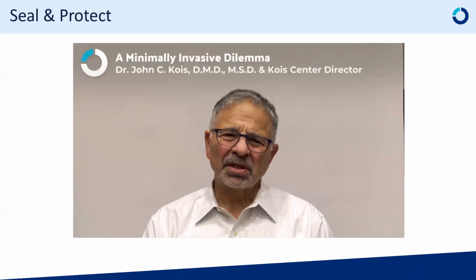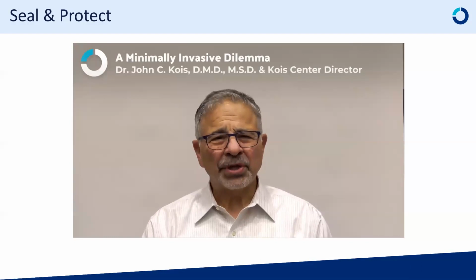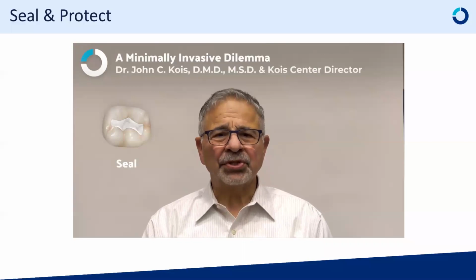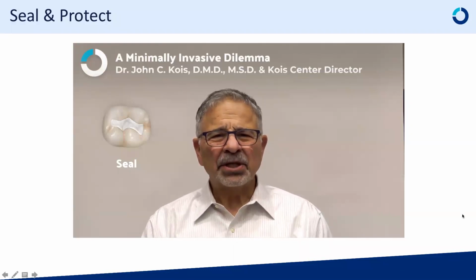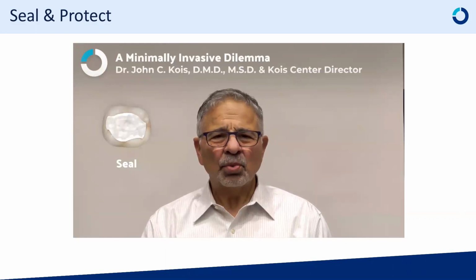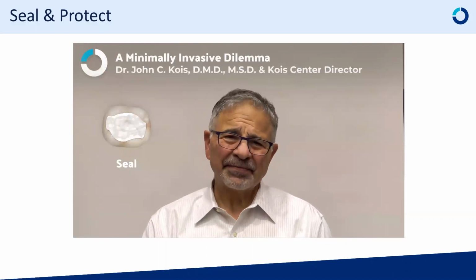Mr. Jones, this particular tooth needs a new restoration. You have two choices. I could provide for you a tooth-colored restoration that would adequately seal the tooth. But the problem, Mr. Jones, is sealing the tooth may not be enough, because the restoration will be quite large and the tooth would be weak, or certainly weaker, and you may break it.